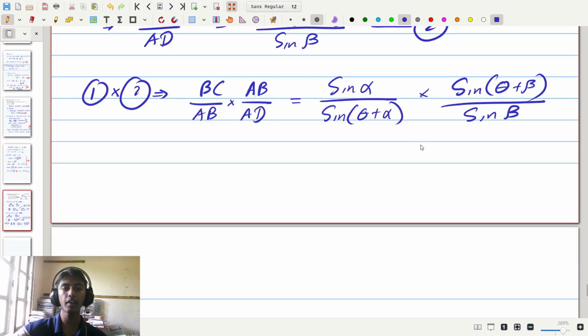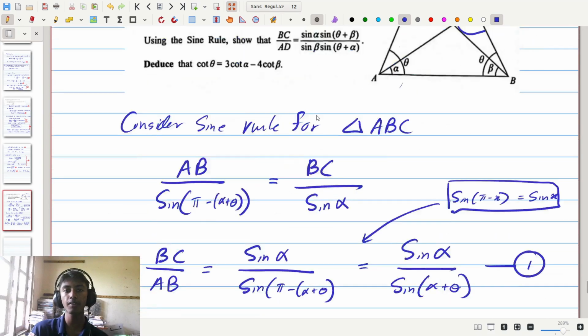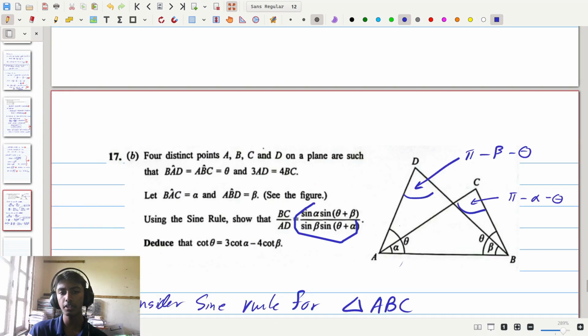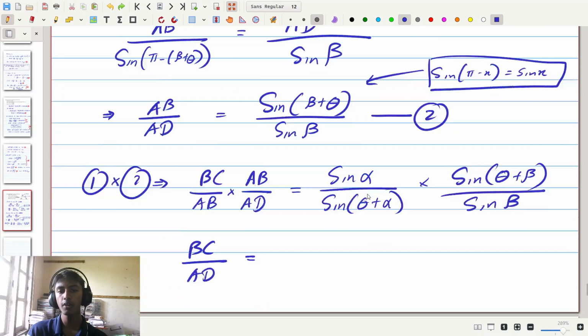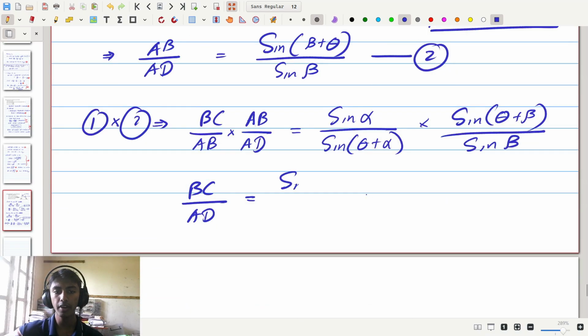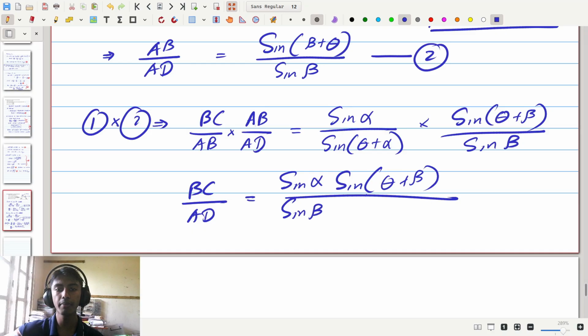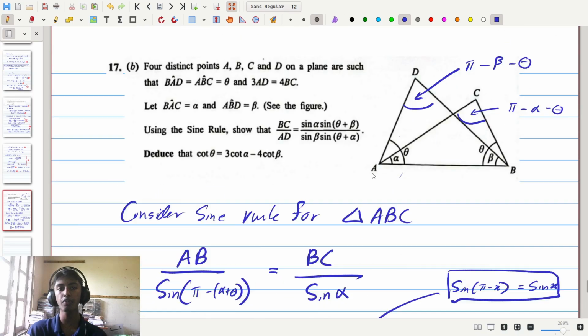Now we can see finally we get BC divided by AD as we wanted, and on the right hand side they want it in this form, so we'll write it in that form. We have sine of alpha times sine of theta plus beta divided by sine of beta times sine of theta plus alpha, which is exactly what they wanted us to find up here.